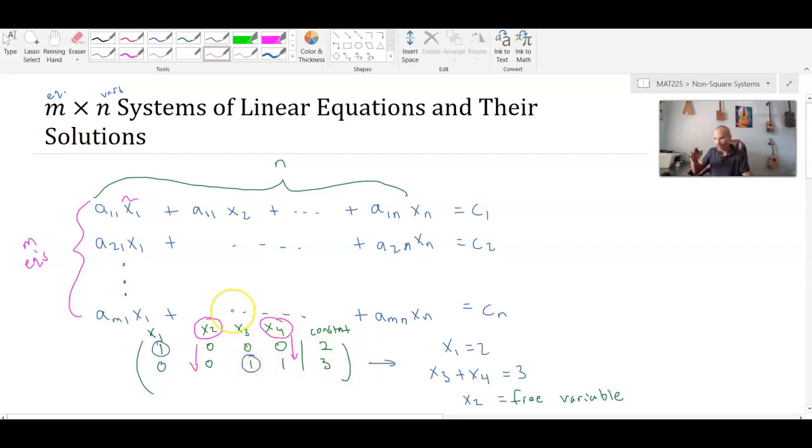So this is going to be a quick way for us to tell what the free variables are right off the bat. We can also talk about the intuition here in a moment. So all we know so far is that x1 has to equal 2, x2 is some free variable, and again, we could use any letter we want other than x sub 1 through x sub 4, so I'll call this value c.